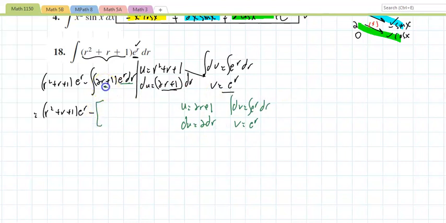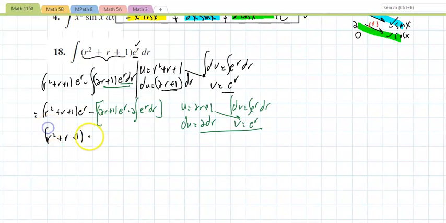What comes out of the green is u times v minus the integral of v du. I'll take the 2 up front, and that is e to the r dr. So my final answer would be r squared plus r plus 1 e to the r minus 2r plus 1 e to the r plus twice e to the r plus c.